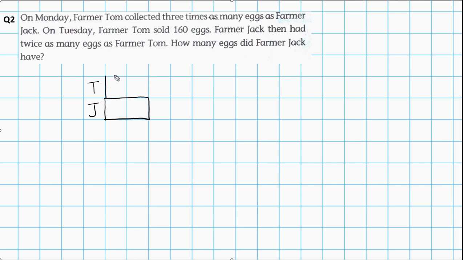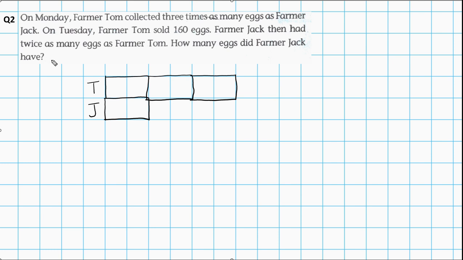So there's 1, 2, 3. Now, do you notice when I'm drawing something where it's 3 times, I draw a block and then draw another block rather than draw a bar and then try to subdivide it.